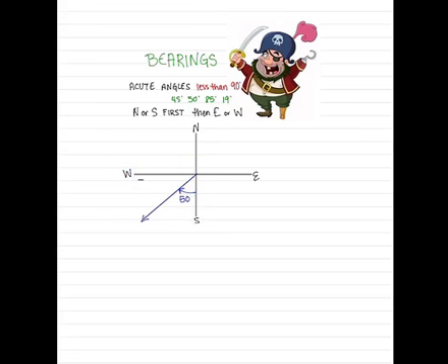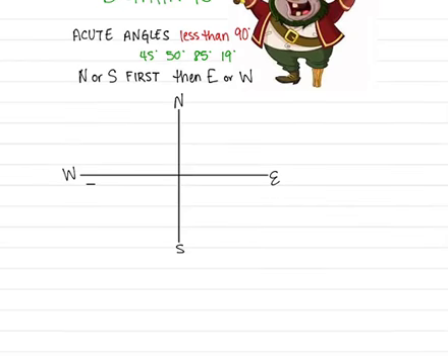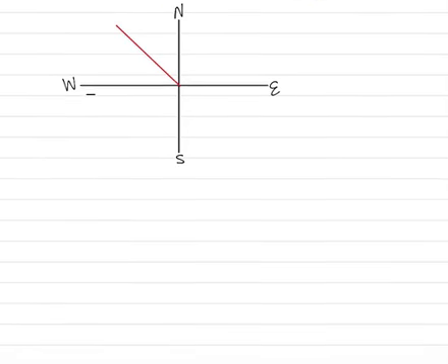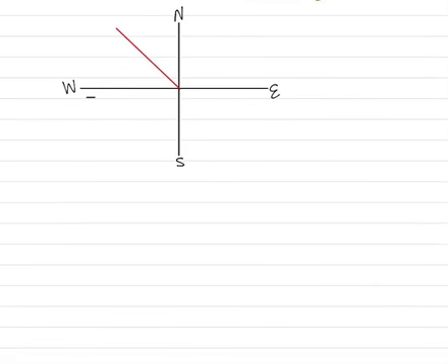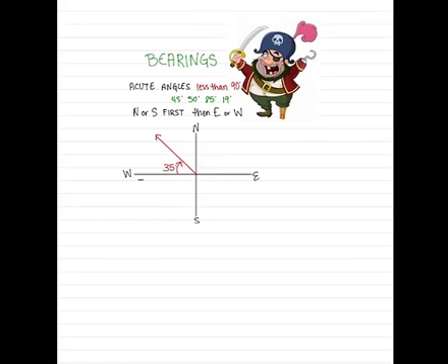Now another example, just one more. Now let's say you've been given this angle and they tell you it's 35 degrees, and then they ask for the bearing. Now, bearings are always measured from north or south. This is not measuring from north or south.